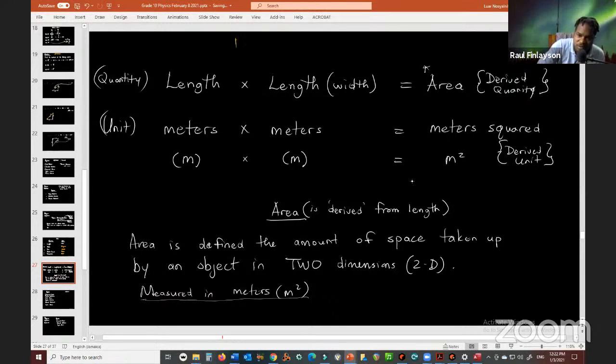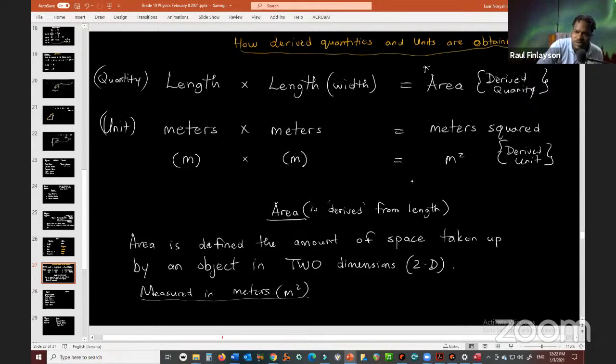How derived quantities and units are obtained. So this is how you get them. All right. So how do we get derived quantities and derived units?